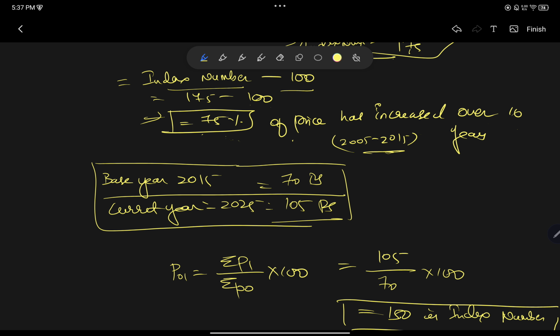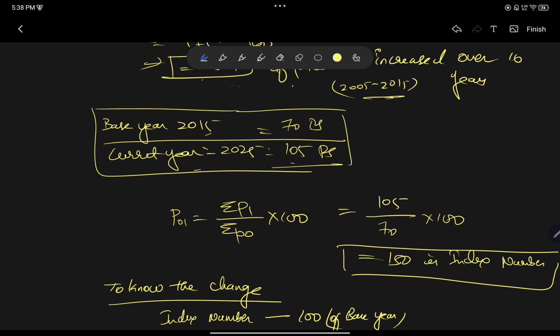Next, if I take base year as 2015 and current year as 2025. In the year 2015, the price was 70 rupees. Currently, you are seeing that the price is 105 rupees. If I compare both with the same formula, summation of P1, that is the price of current year, divided by summation of P0, the price of base year, into 100. The price of current year is 105 rupees.